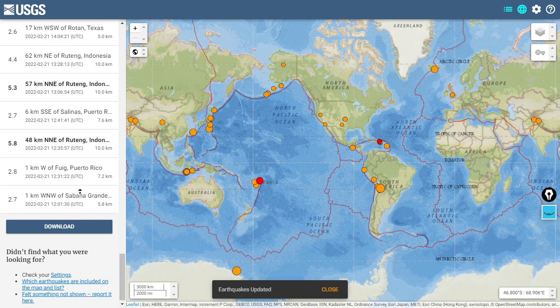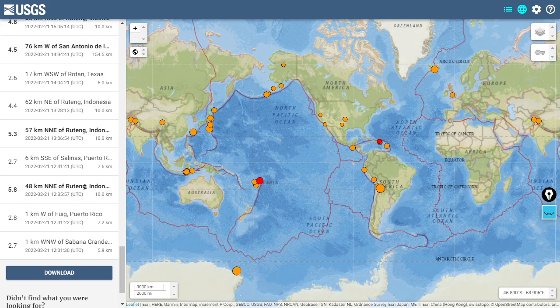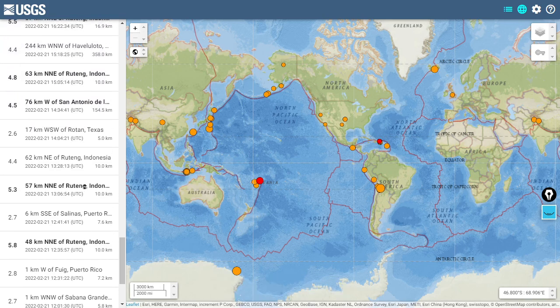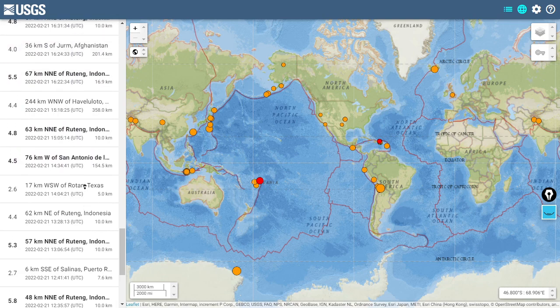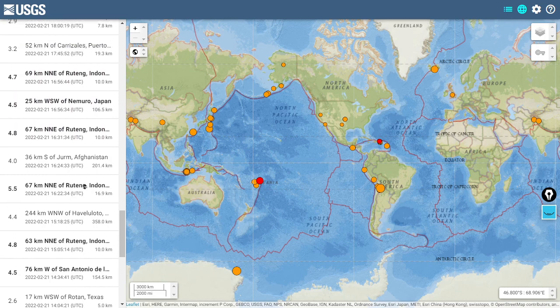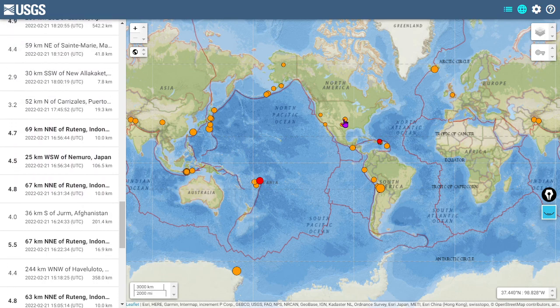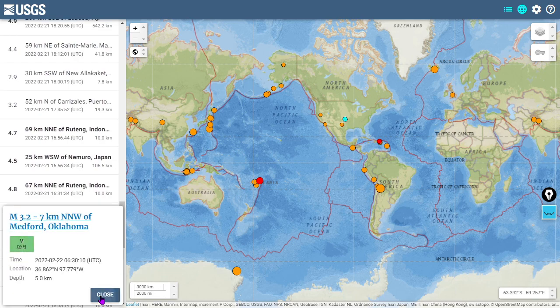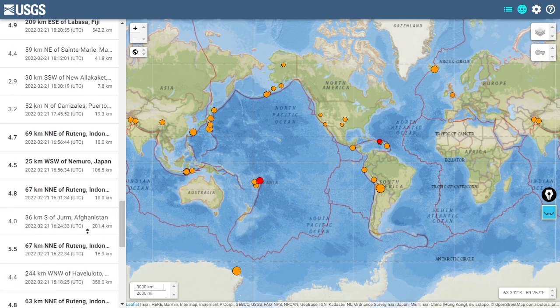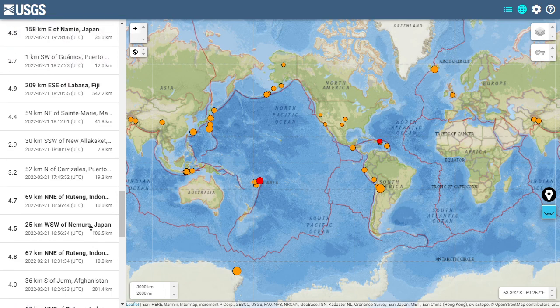Let's scroll up the list. Indonesia saw a 4.8 and a 5.3. There was a quake in the central U.S. It wasn't big enough to report on. Let's just click the map to see what it was. It was a 3.2 in Oklahoma. Anyway, just scrolling up the list here. If we miss anything, leave us a comment.